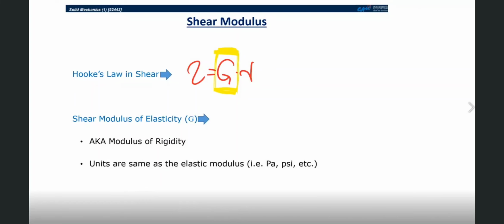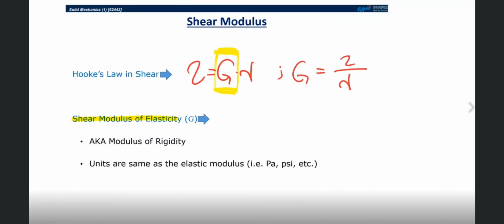So, to properly build the specific relation between shear stress and shear strain, we have to consider this G. And this G is the shear modulus. Okay, so shear modulus of elasticity. So in this case, we can define G is equal to tau over gamma.